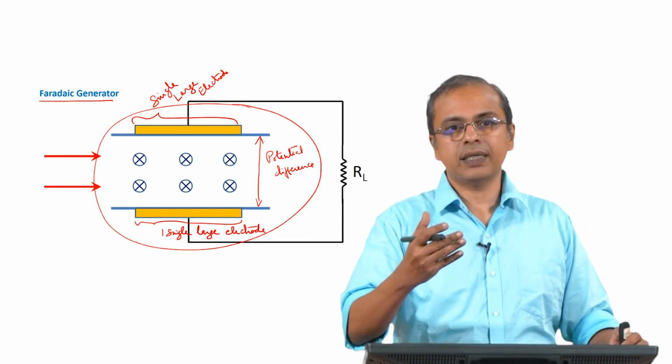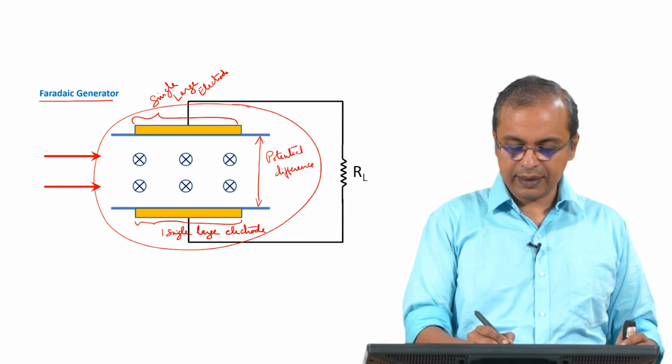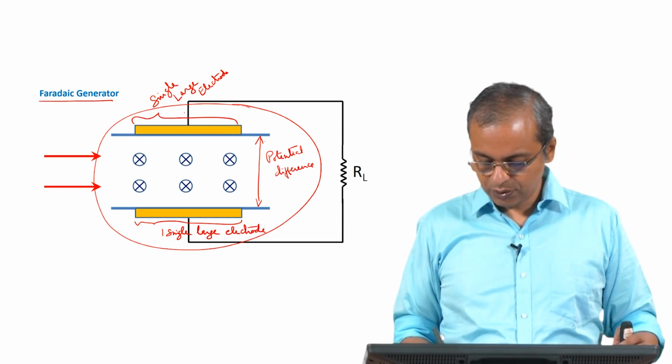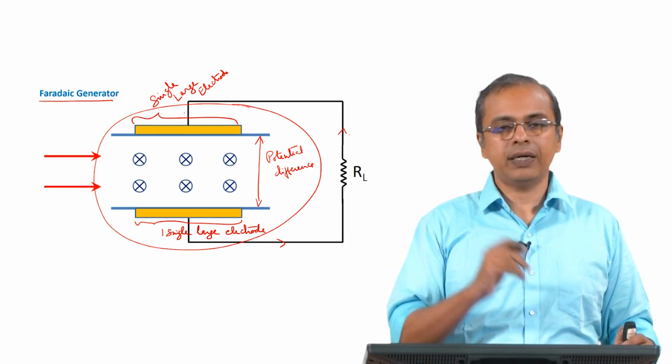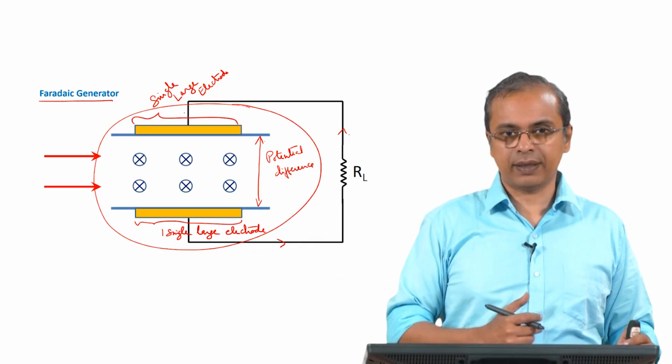You put a single large electrode on top and a single large electrode at the bottom, and then you connect the external circuit to it, and then you get electricity. You have a flow of electrons, and you have generated electricity which you are capturing elsewhere.